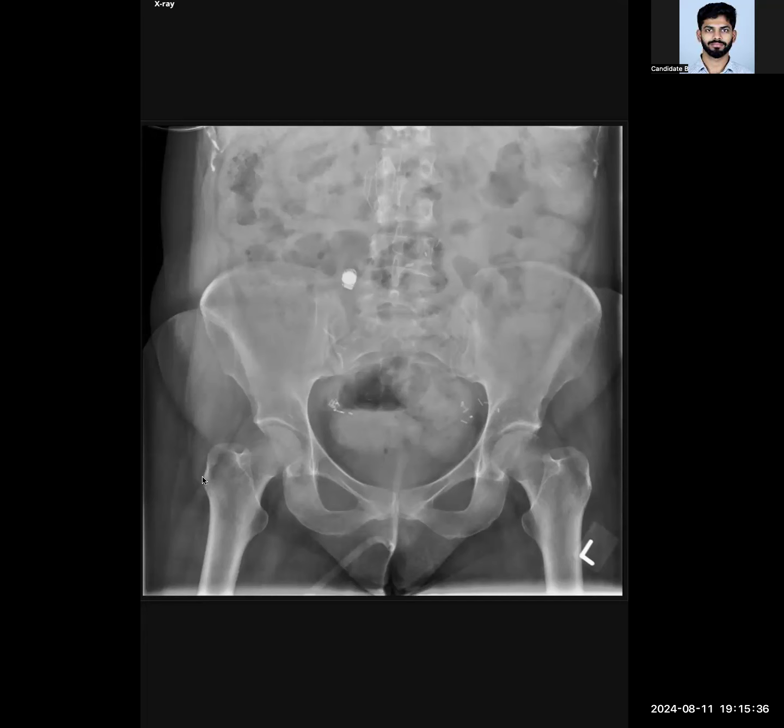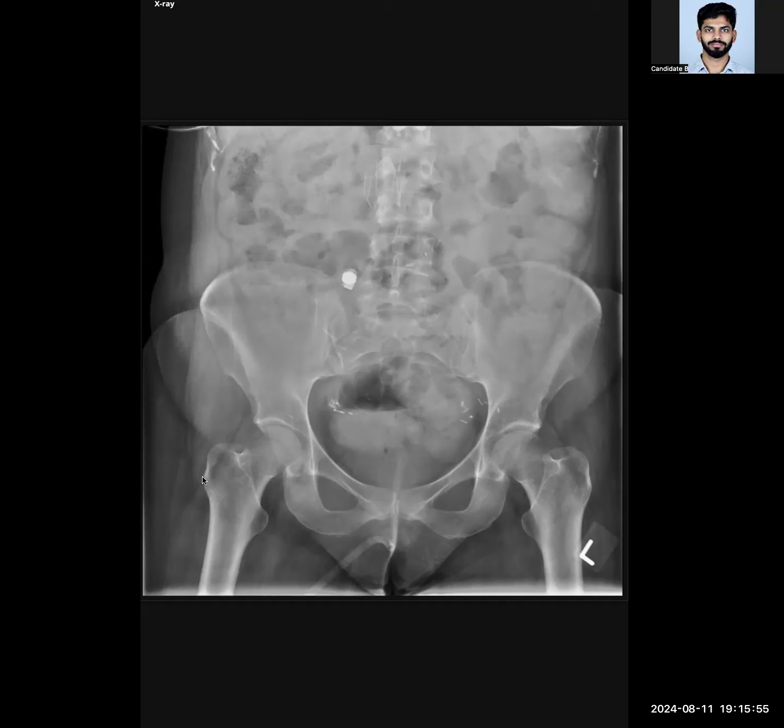So this patient has undergone previous surgery, or it could be multiple foreign bodies as well. But it looks like it's outside the bowel loops and bilaterally symmetrical, so it's possibly prior surgery related.